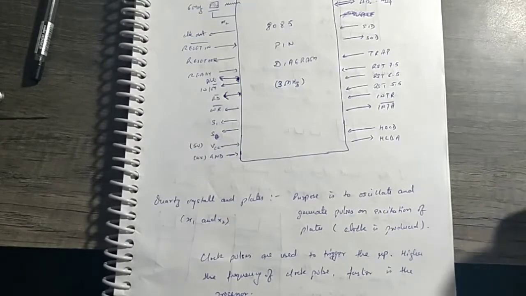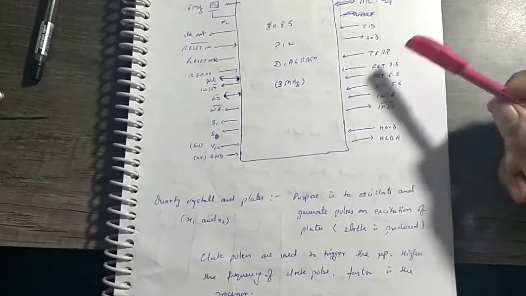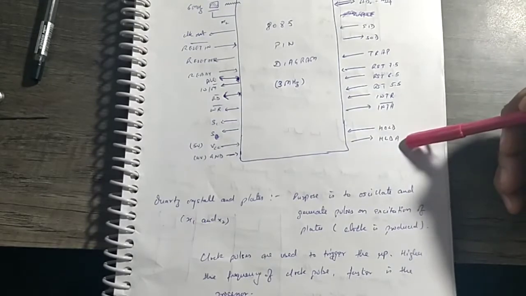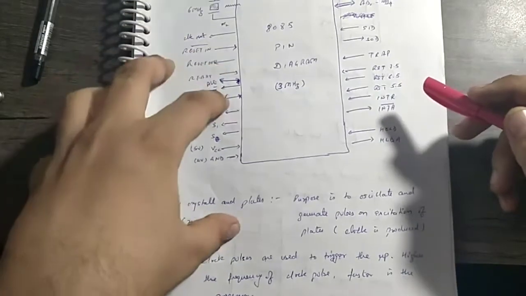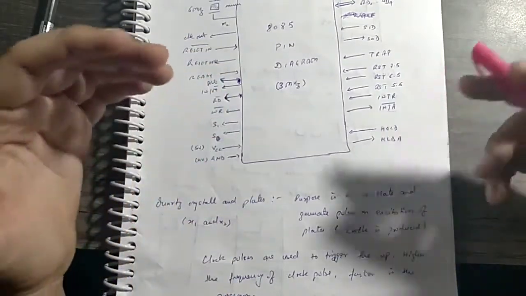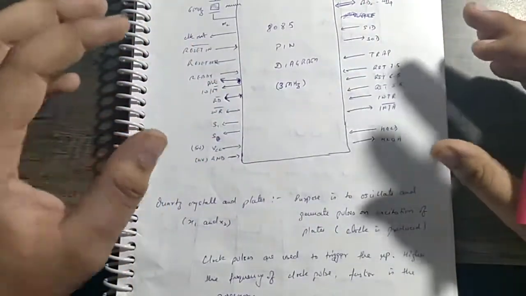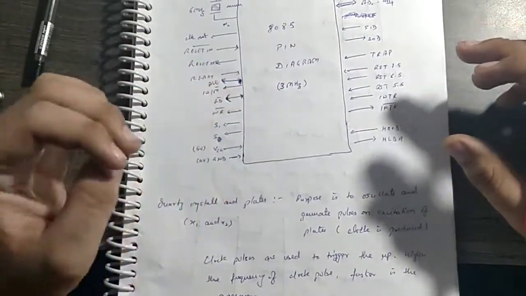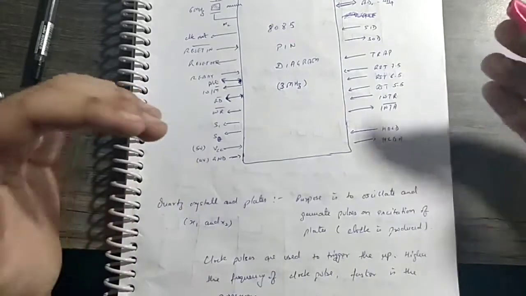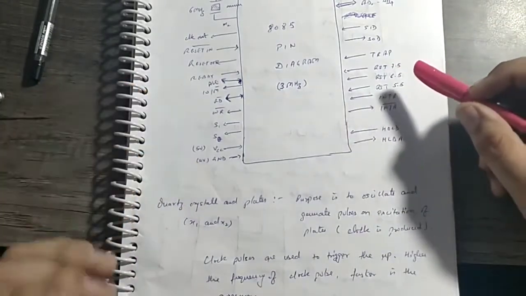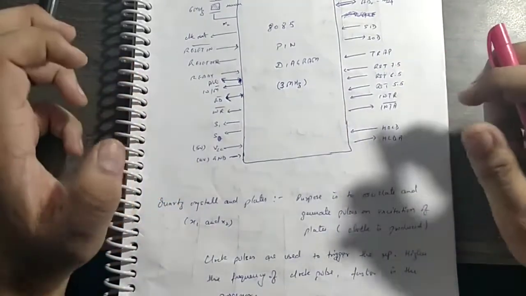But what are HOLD and HLDA pins? The DMA controller issues the hold signal to the microprocessor. When we use direct memory access, there is a DMA controller, and this is what issues the hold signal. In response, the microprocessor releases the system bus.